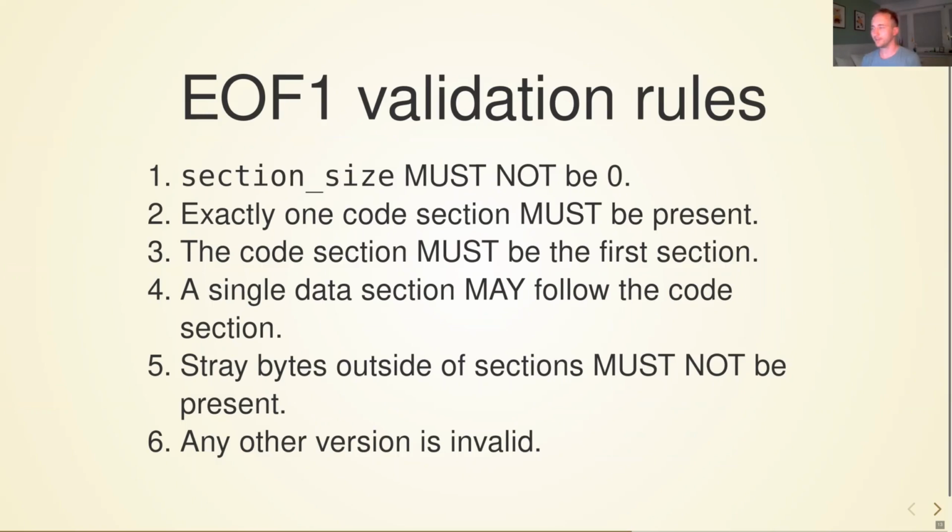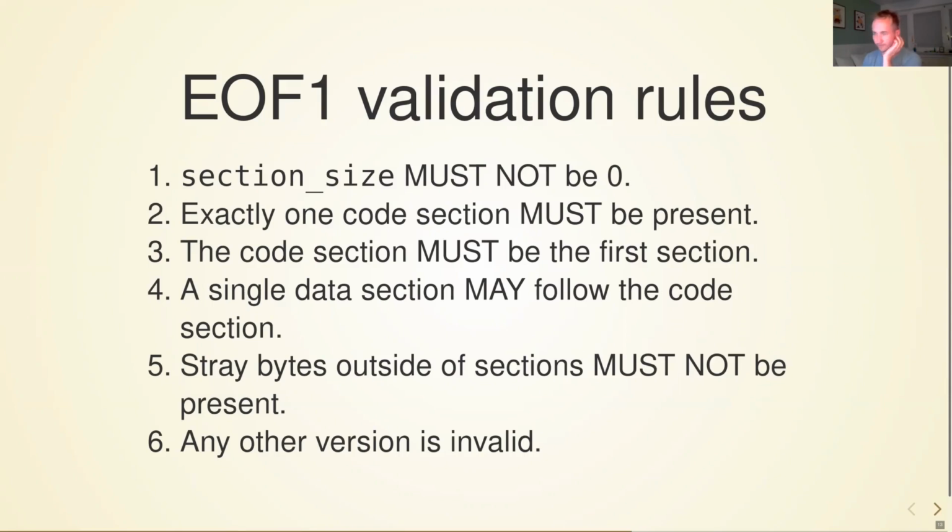I think there are two additional topics related to the specification. I will try to make it short, so as not to bore you. There was some question about what this validation means, and these are the six EOF1 validation rules, provided that the previous container specification is known.